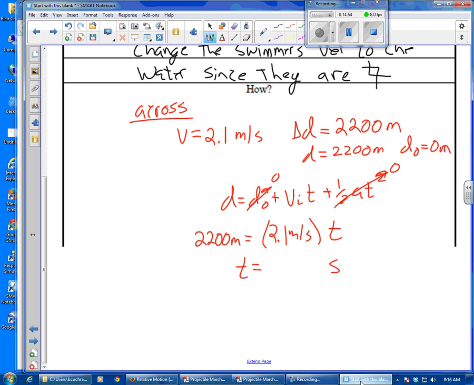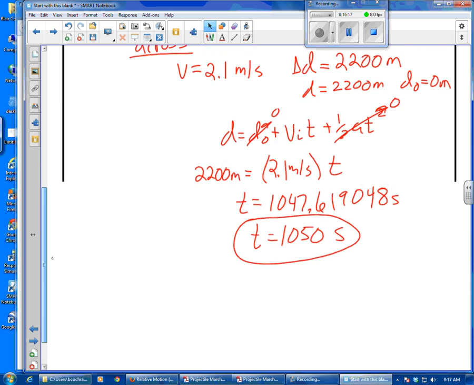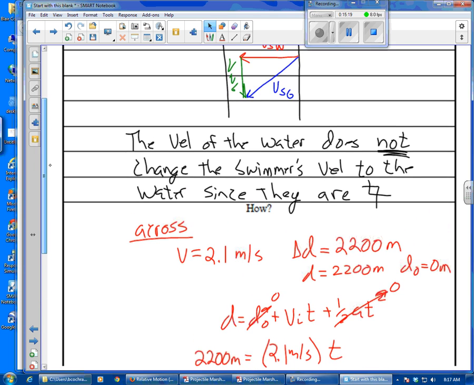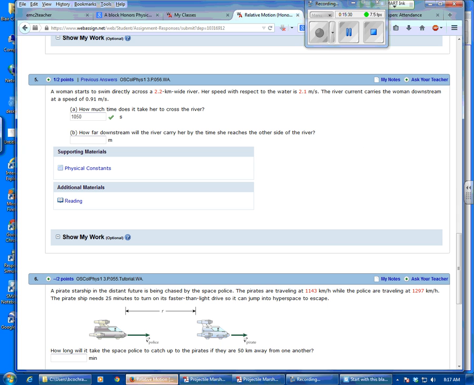So my answer, of course, is 1047.619048 seconds, which rounded to 3 sig figs is that, and that's why I put that into my answer box. But I need to remember that time, because for the second part, which is how far downstream she goes, I know that's the amount of time I'm going to travel for.